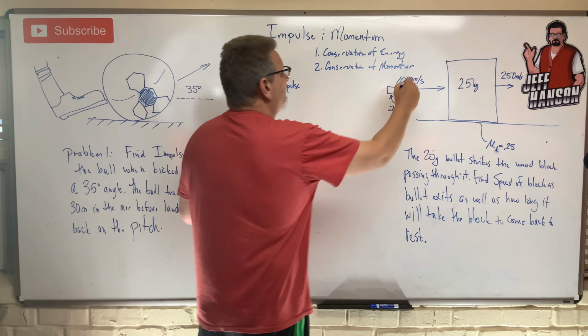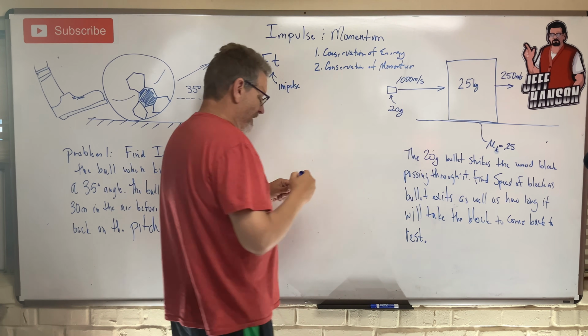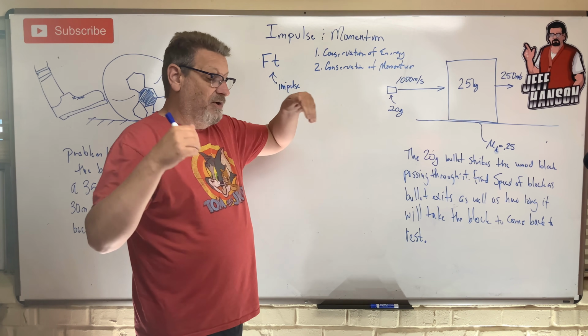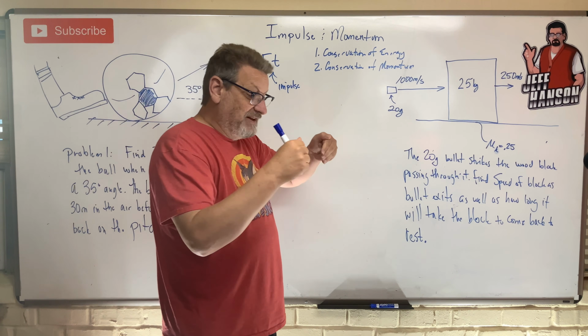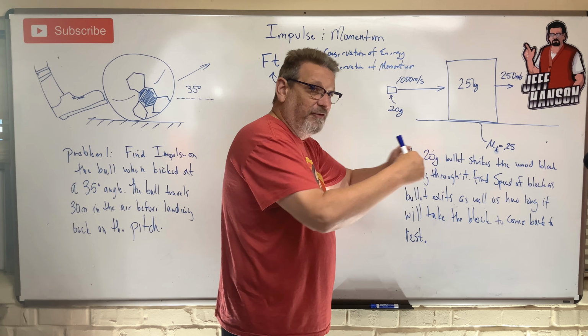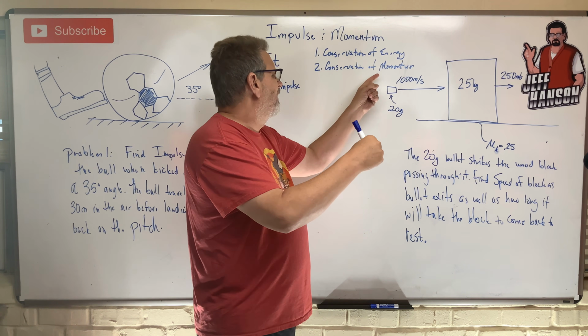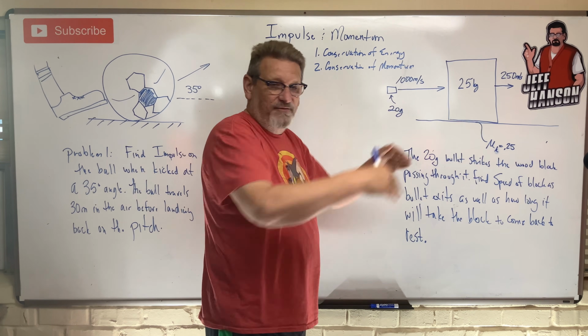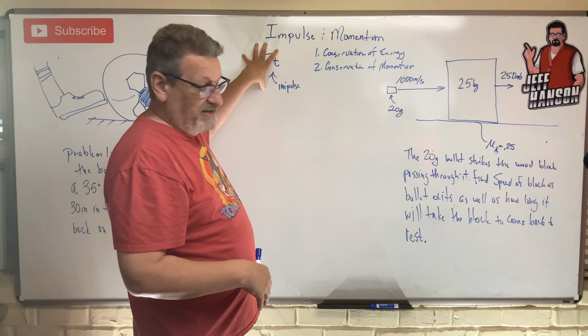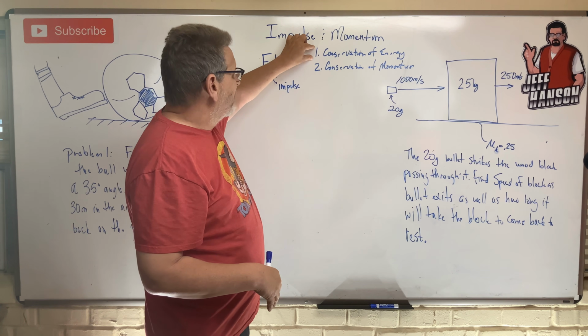Okay? And in most of these problems, here's what's going to happen. Momentum is going to be conserved. The amount of velocity and mass going into the system is equal to the amount of velocity and mass going out of the system, less whatever's lost in this impulse here. Now, conservation of energy.